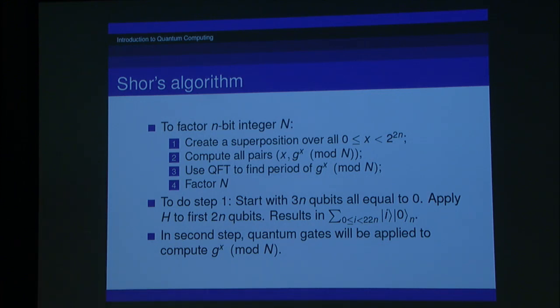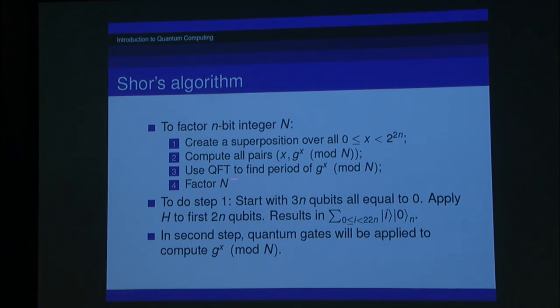Now we can factor an n-bit integer. You first create a superposition of all the x up to 2 to the 2n. Then you compute all pairs x, g to the x mod n. For this step, you'll want to use quantum gates like Toffoli, C-NOT, and NOT, and just kind of mimic classical computation to some extent.